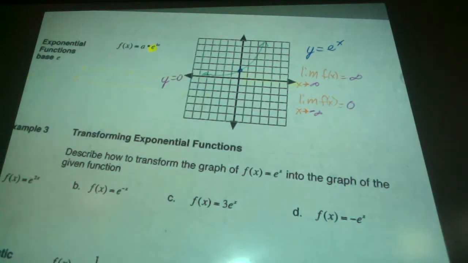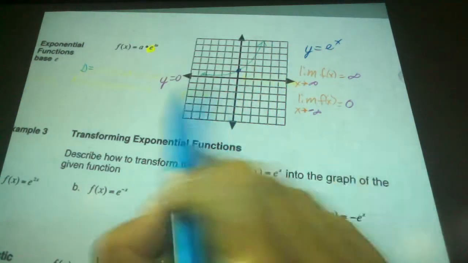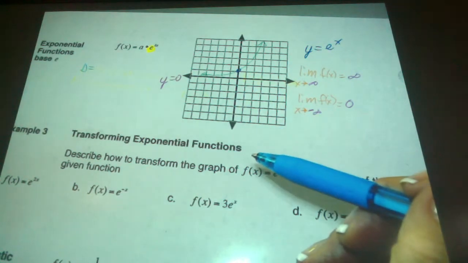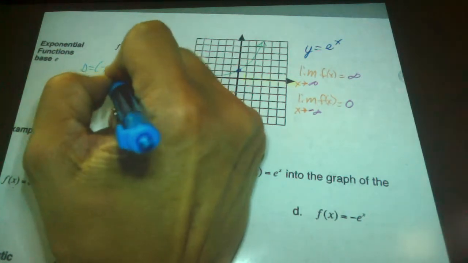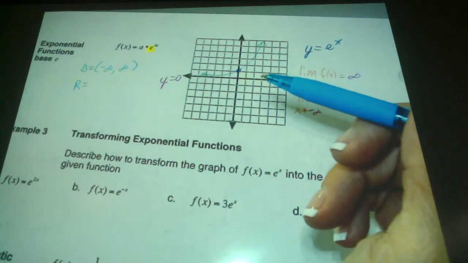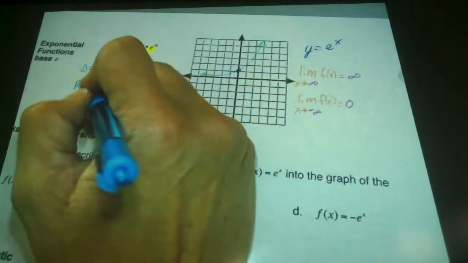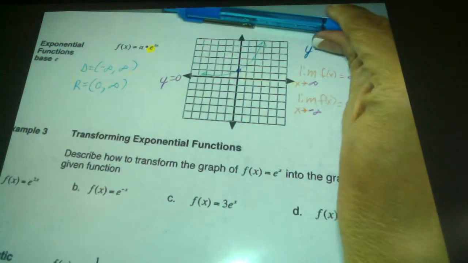What's the domain? Can I put any value I want in for x? Positive, negative, 0? Yes or no? Yeah. So the domain is unrestricted. What about the range? Where does the range start? At 0, that horizontal asymptote. Does it include 0? Nope. And doesn't it go to positive infinity?